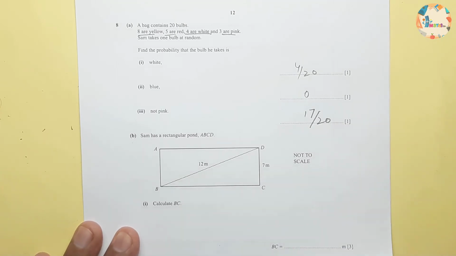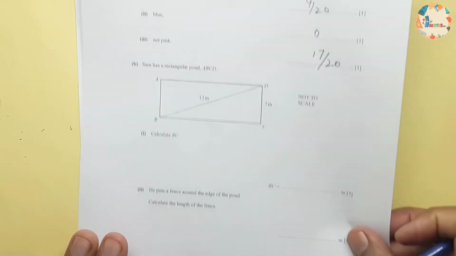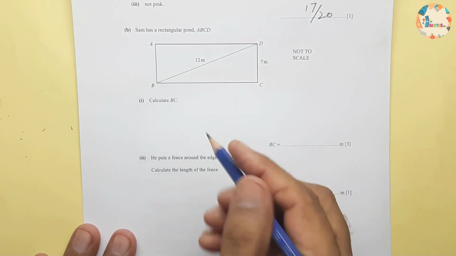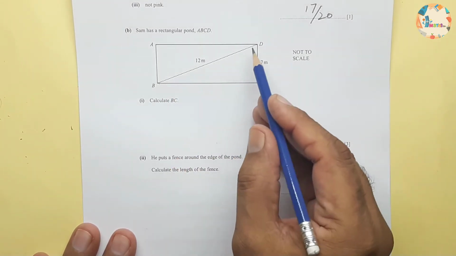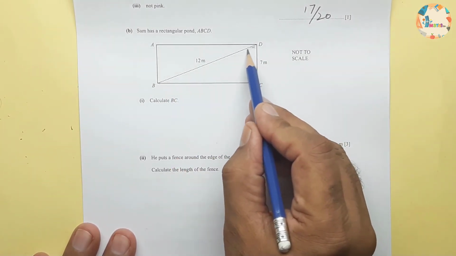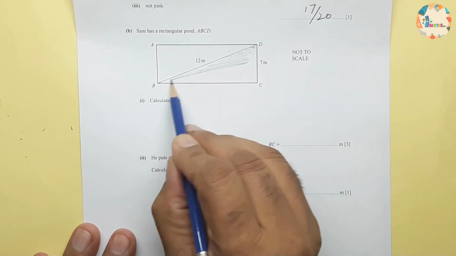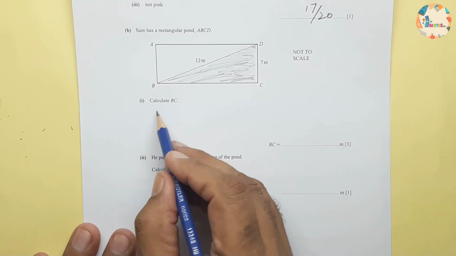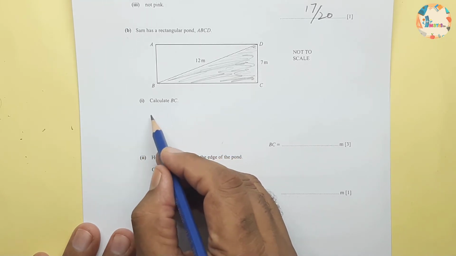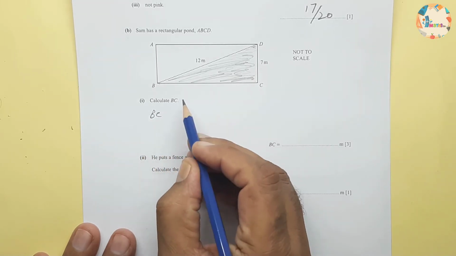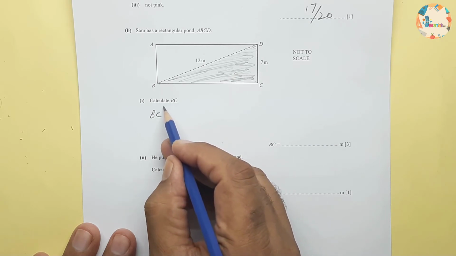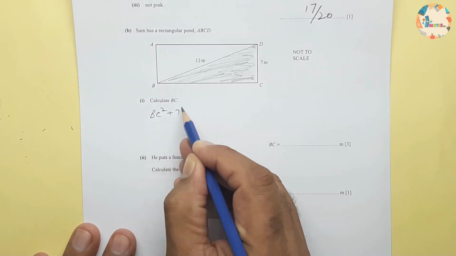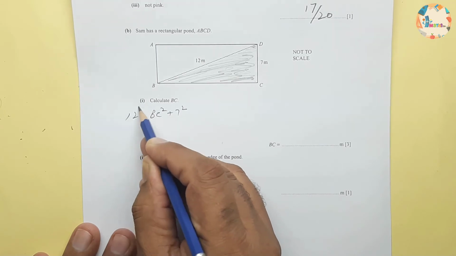Sam has a rectangular pond. So ABCD, calculate BC. BC is this side, so we can consider this triangle and apply Pythagoras theorem on this one. So BC squared plus 7 squared will be equal to 12 squared.